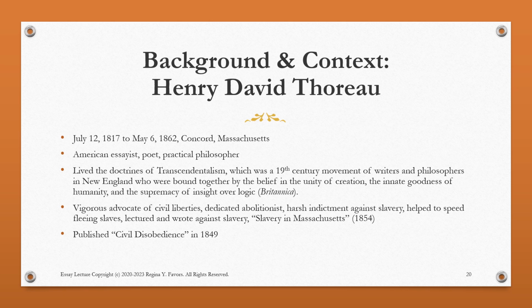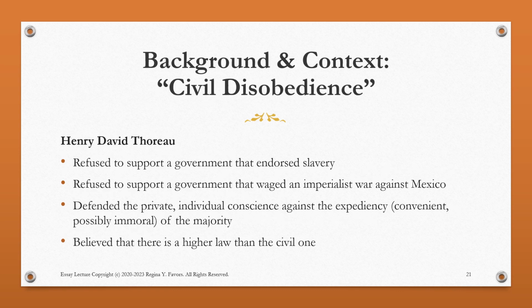But the inexpedient aspect of it is that you are taking bodies, you are stealing bodies, you are beating bodies, you are enslaving bodies, as well as their generations for your expedient reasons. And so he called that basically immoral and inexpedient. And so he refused to support a government that endorsed slavery.